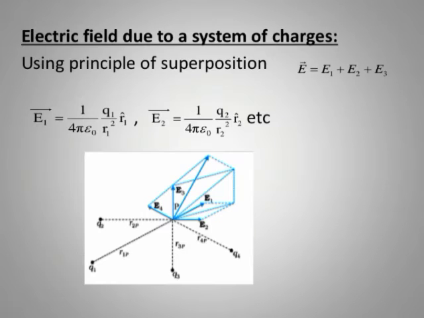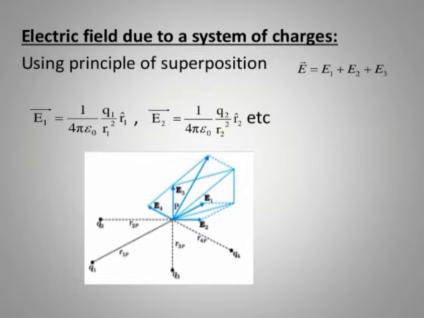And we studied about superposition again, not for the force but for electric fields. So a charge produces an electric field, and the total electric field of every individual charge is given by this formula: E is equal to E1 plus E2 plus E3, and so on.